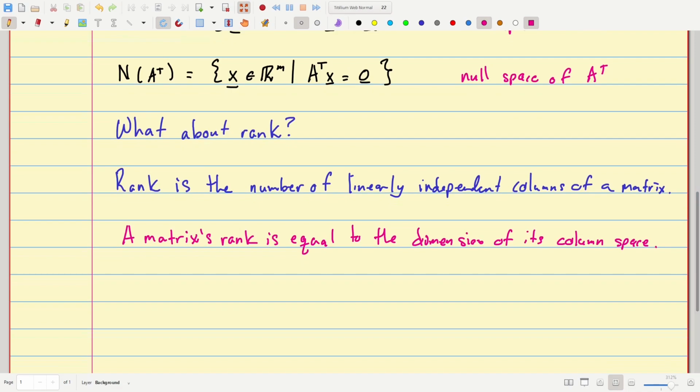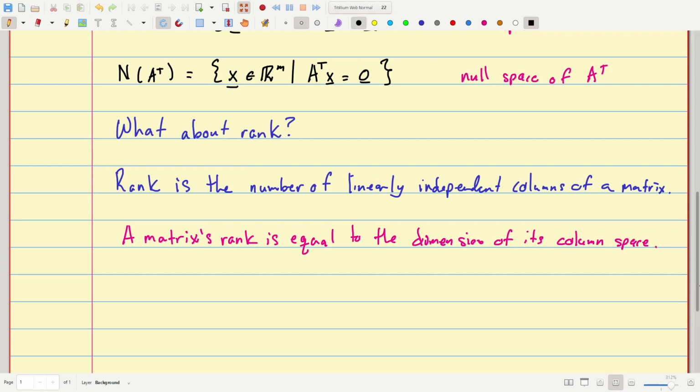So this is a big deal. We have the dimension of the column space being equal to the rank of the matrix. This gives us a pretty important part of the picture that we're trying to understand here when it comes to what it is that a matrix does. So this gets tied very importantly to the mapping.